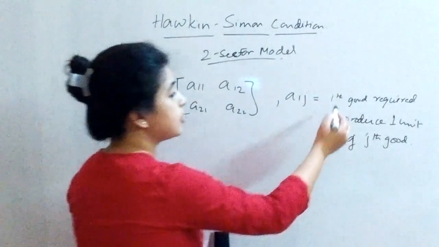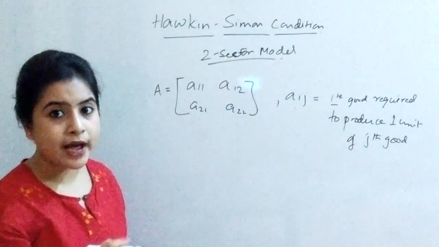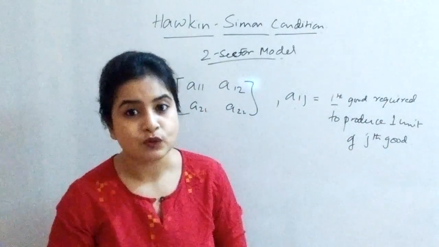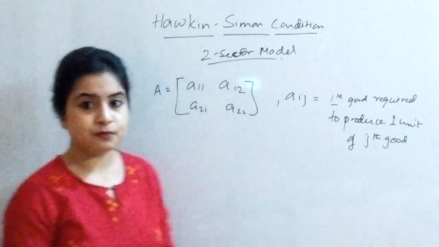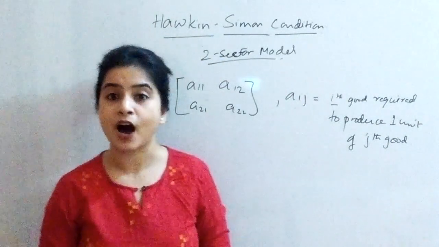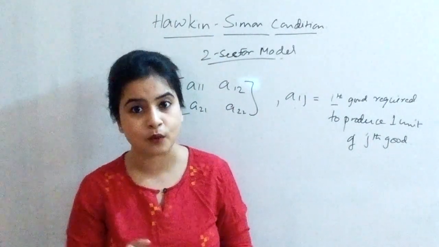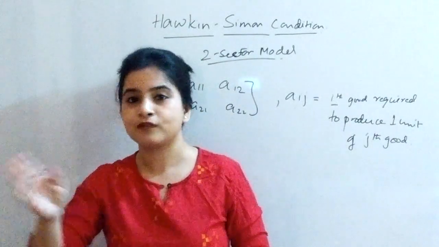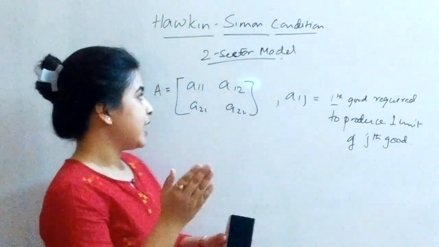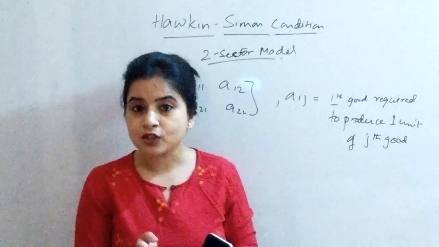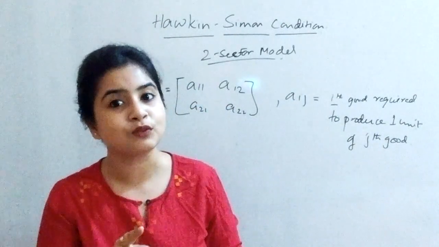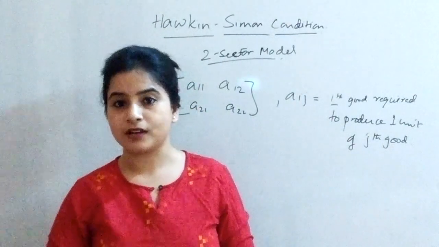That means A11 implies how much of the first good will be required to produce 1 unit of the first commodity, and A12 implies how much of the first commodity will be required to produce 1 unit of the second commodity.